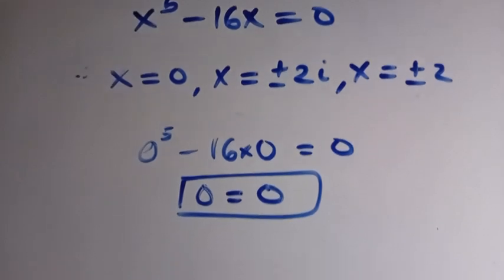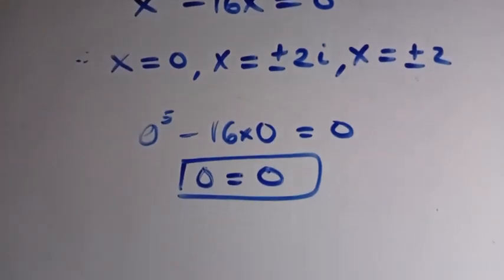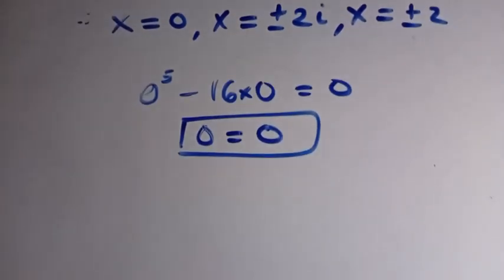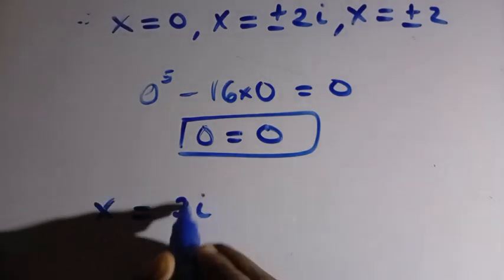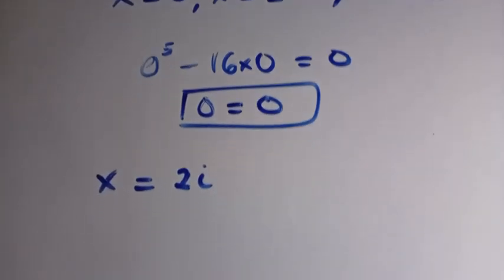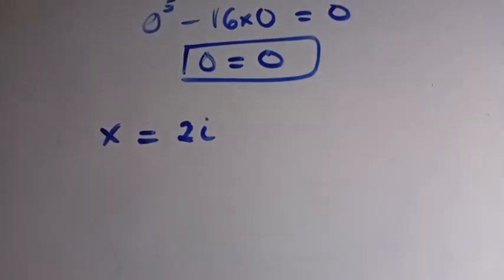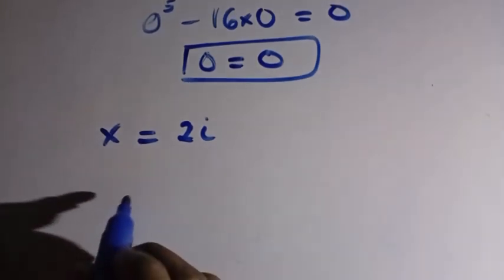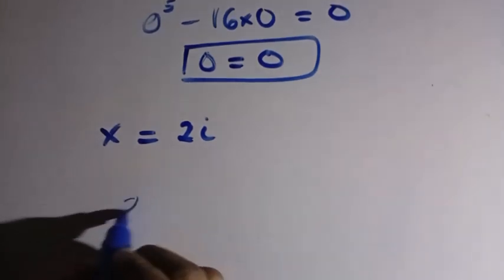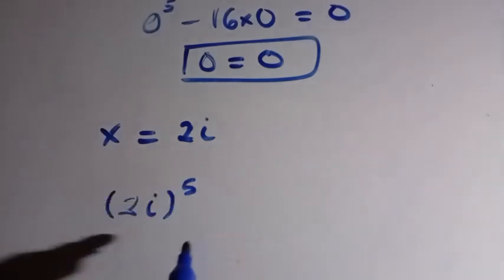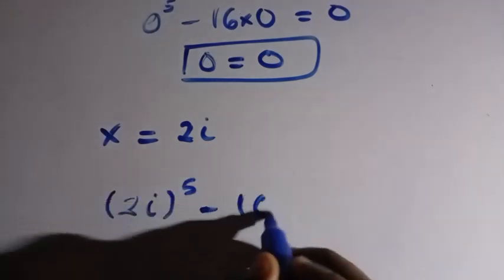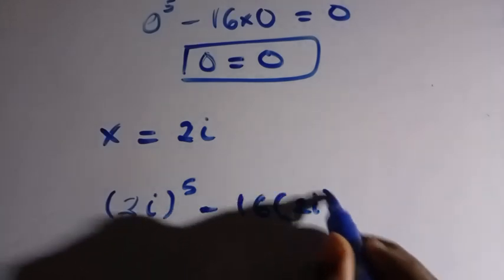And also, we are going to have when x equals 2i. For our x equals 2i, we put it in the given question, and we are going to have 2i raised to the power of 5 minus 16 into bracket of 2i.